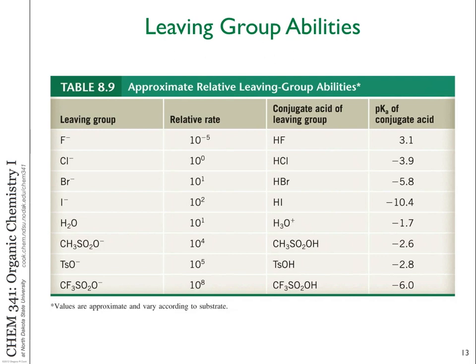So you can see these groups are very useful to take an alcohol, which is essentially unreactive for SN2, and make it into a sulfonate without changing the nature of the carbon-oxygen bond at all, making it a really good leaving group, better than a halide. And that's useful.